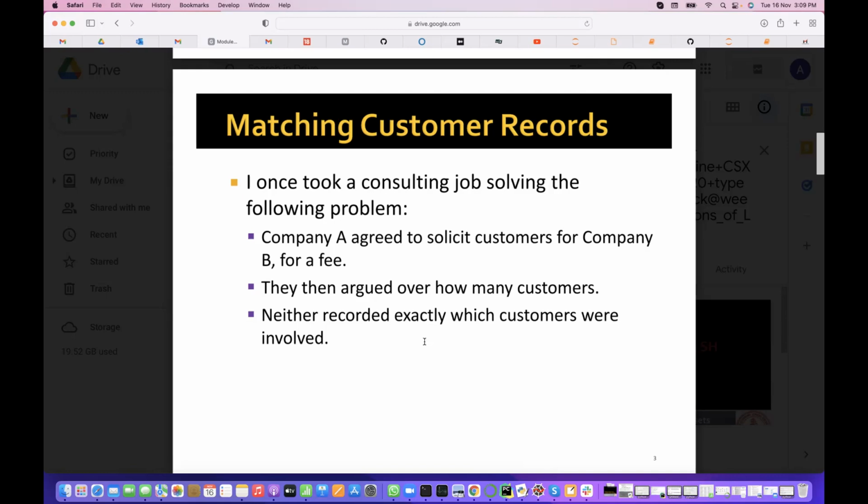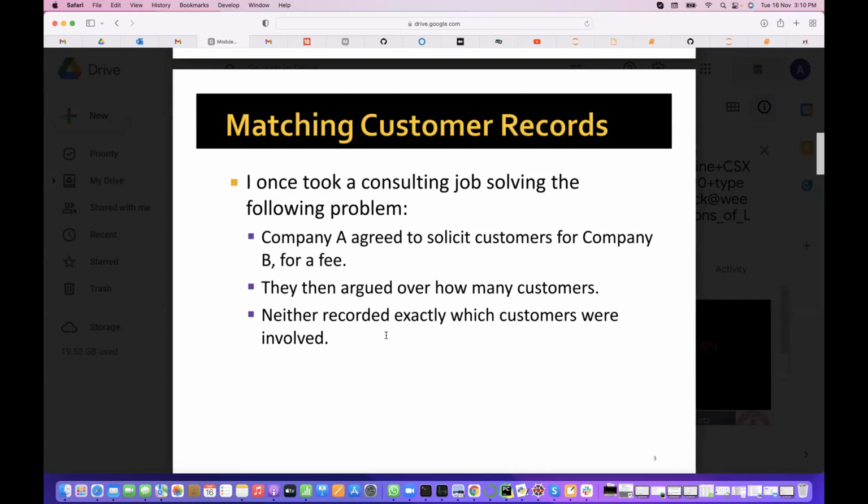They need to establish exactly how many customers B provided. There may be some duplicates B is maintaining, right? Yes, so that is the problem. You need to find which records are the same entity. There might be different records because they haven't recorded properly. So we need to find which records refer to the same entity.